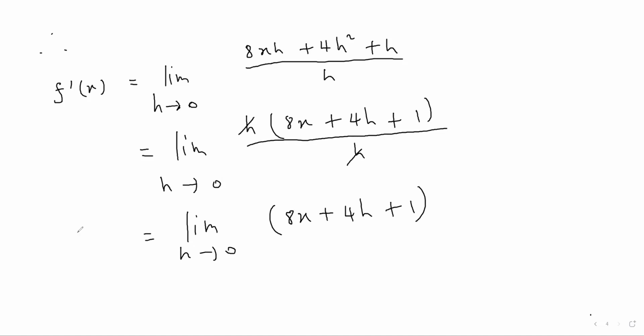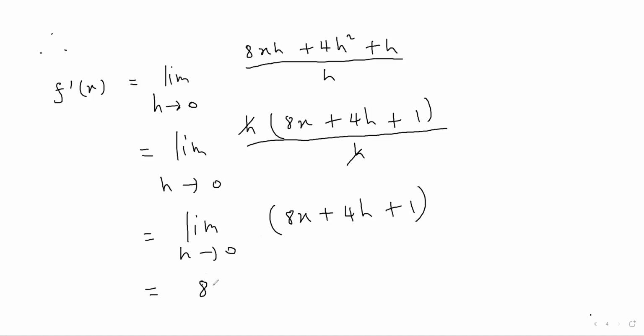So now we can use our continuity, because when we substitute 0 into the function here, there are no problems, no errors, no undefined quantities. So we can just substitute 0 into the function in place of h, and that is our limit, which is our derivative.